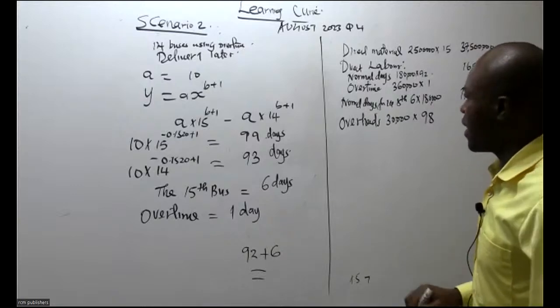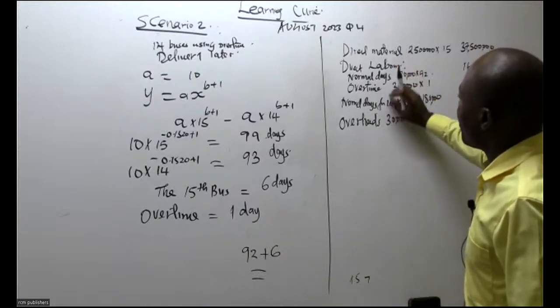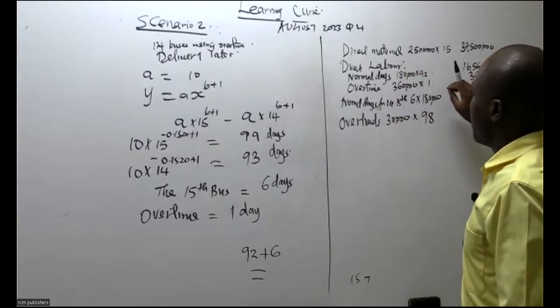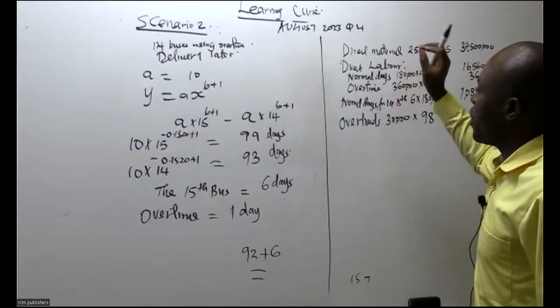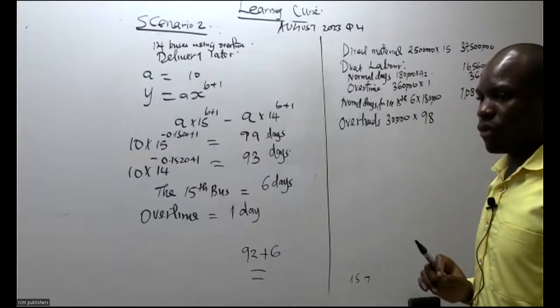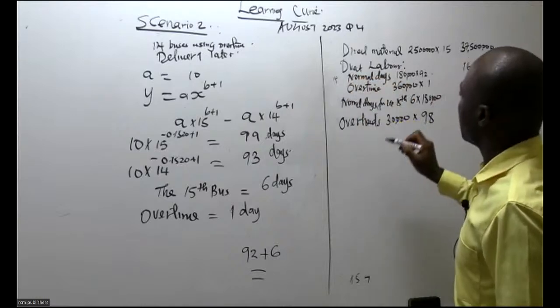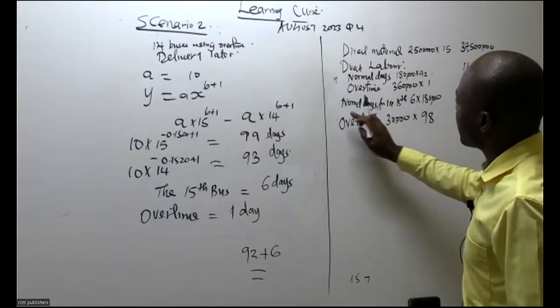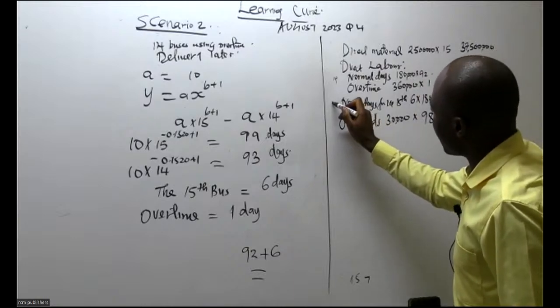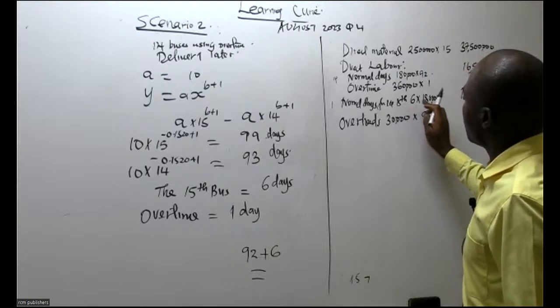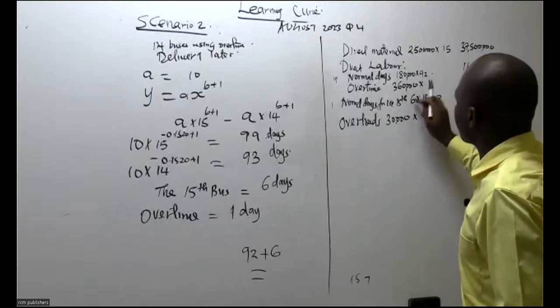Another way to identify that, look at your labor hours here, or the labor cost. How many days did you use the 180,000 rate for? The first one is the normal days for the 14. I used 180,000. The second one is this one bus, which I used 180,000. So add 6 plus 92.